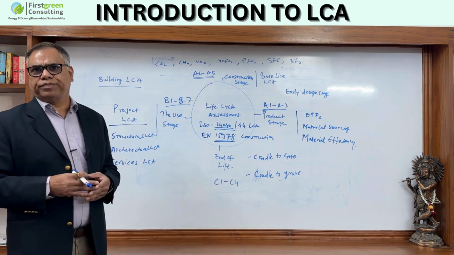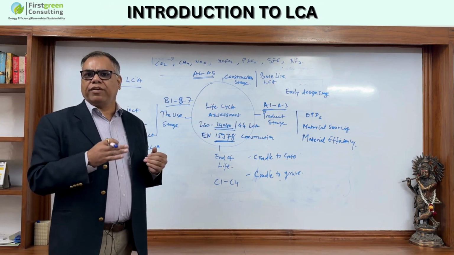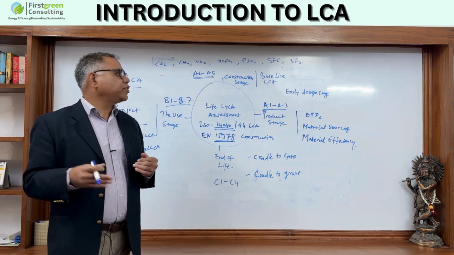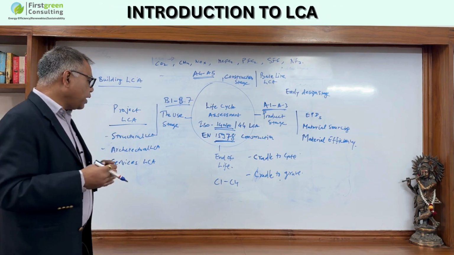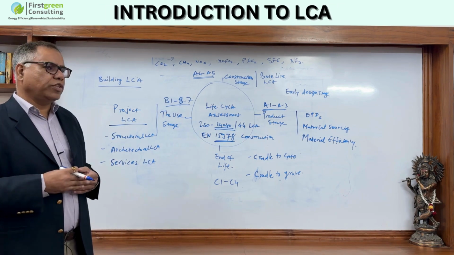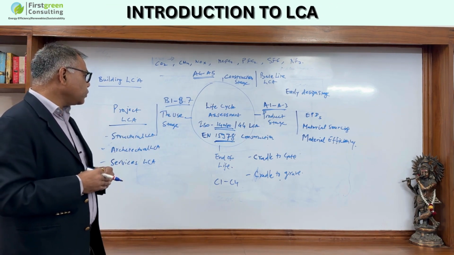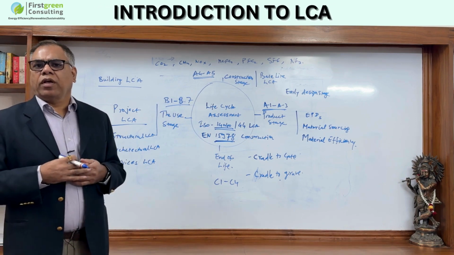We are giving you all these categories with different nomenclatures, from A1 to A7, B1 to B7 and C1 to C4. All categories of emissions, we are sharing with you how they are accounted. So this is how we do the life cycle assessment.